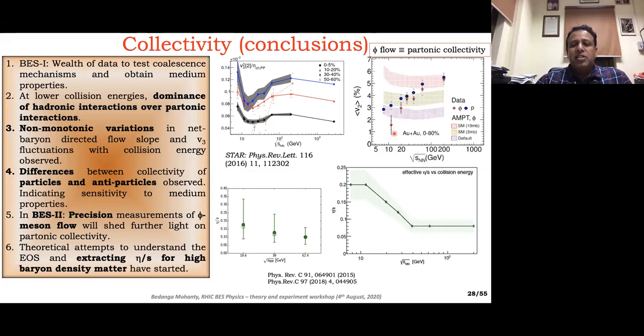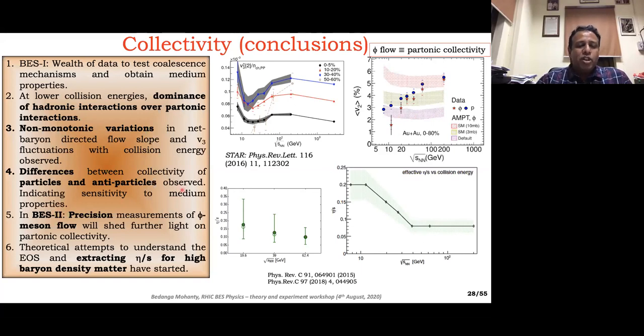A drop in phi meson V2, where phi freezes out early, would indicate a small contribution coming from the partonic phase. To substantiate this picture further, we have 3 bands corresponding to V2 from AMPT with string melting, partonic interaction with 10 millibarn cross section, 3 millibarn cross section, and only hadronic interactions. And that seems to follow that picture.